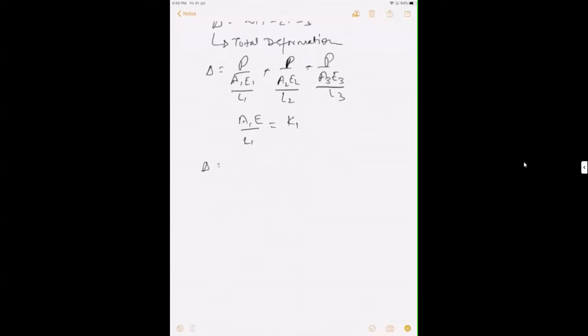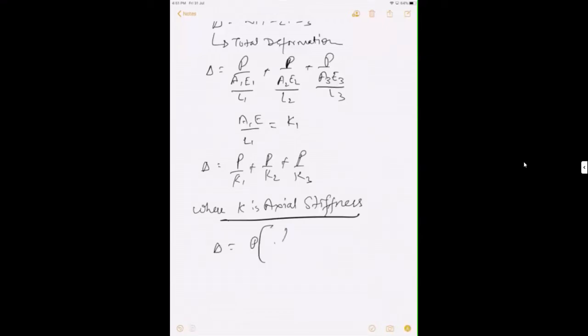So my delta will be given as P upon K1 plus P upon K2 plus P upon K3, where K is axial stiffness. Okay, so we have found here delta is equal to P times 1 upon K1 plus 1 upon K2 plus 1 upon K3.